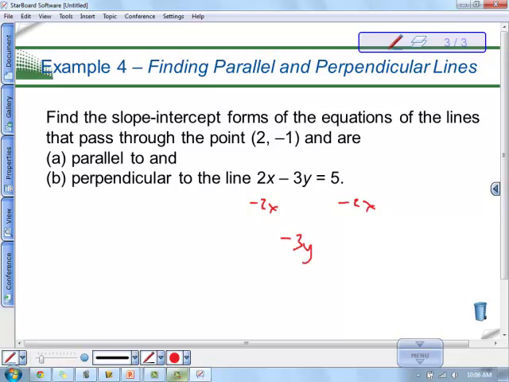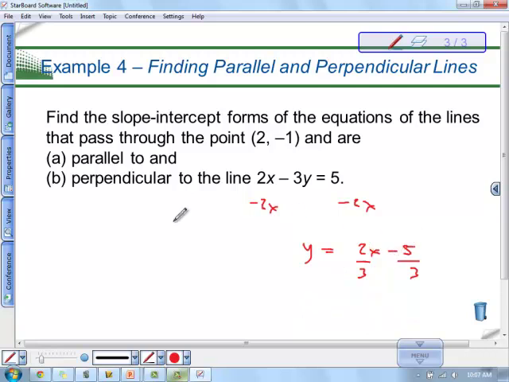This gives me negative 3y equals negative 2x plus 5. Then divide through by negative 3. Don't forget to divide everything through by negative 3. Double negatives go positive, and I can move this negative up to the numerator. So I've got this in y equals mx plus b form now, where the slope is 2/3.